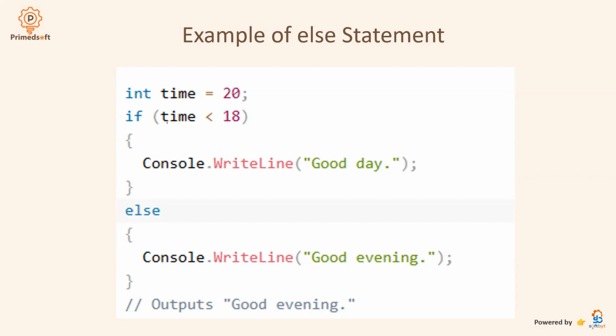So the condition here says time is less than 18, right? So let's say if time is equal to 20, console.WriteLine good day, else console.WriteLine good evening. Which one would execute? The first one, because the condition is true.